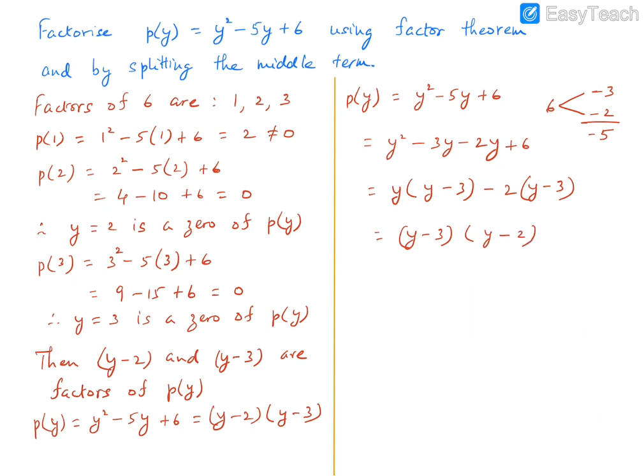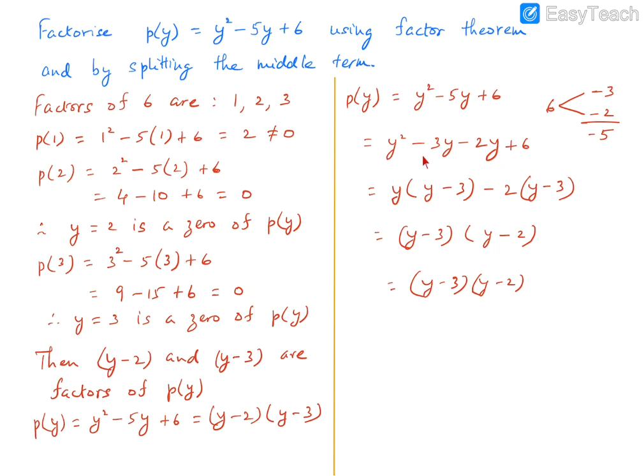So basically we have got back our factorization as y minus 3 into y minus 2, which is the same answer we had here. Since it's a product, we can write it either way. 2 into 3 or 3 into 2 is the same, right? So y minus 3 into y minus 2 or y minus 2 into y minus 3, either way is the same. So we got back our factors.